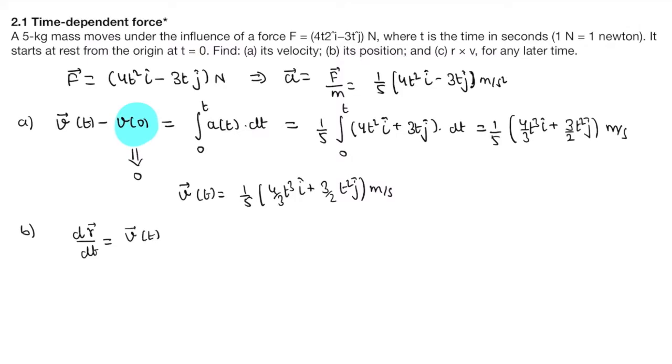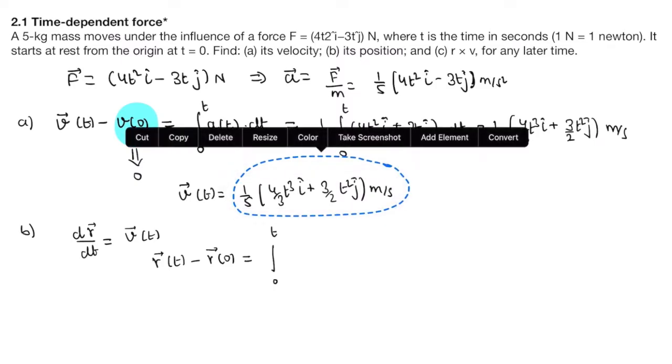And if I want my r, I can write it as r vector as a function of time at any time minus r vector at time equals 0, equals the integral from 0 to t of this quantity. So I'll just copy and paste it here.